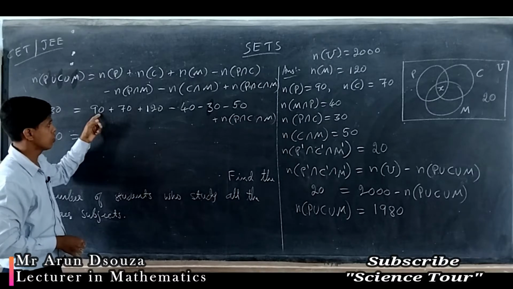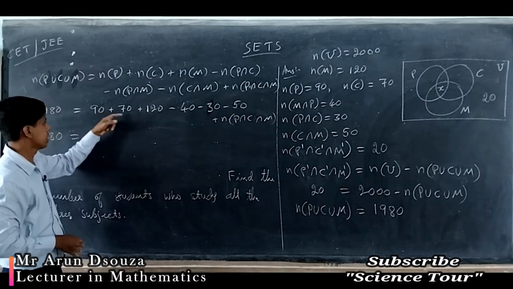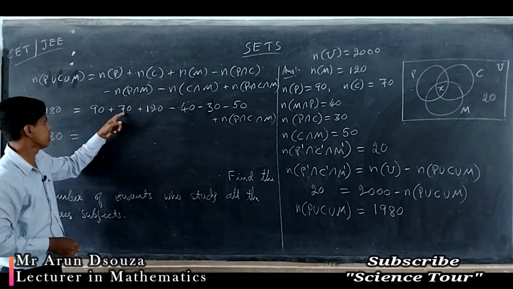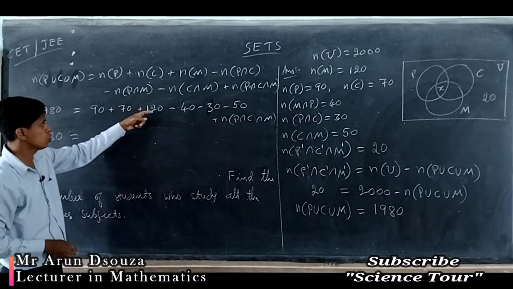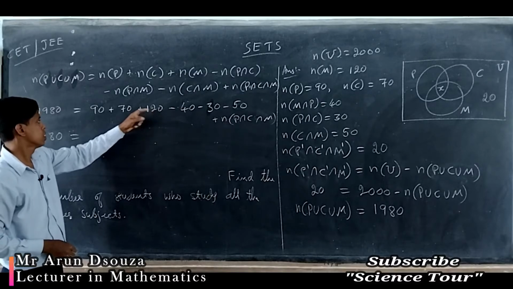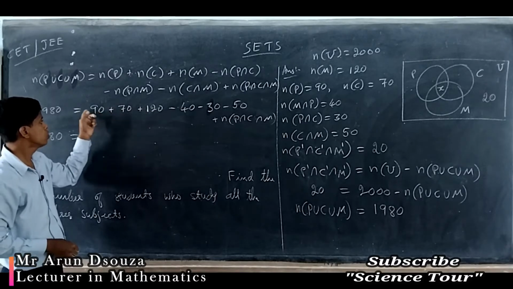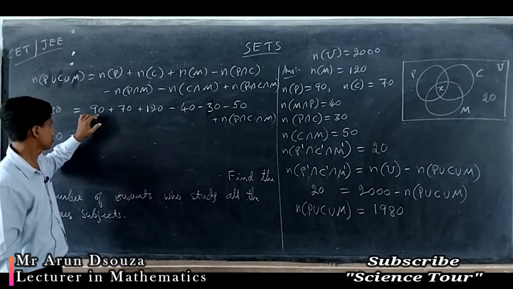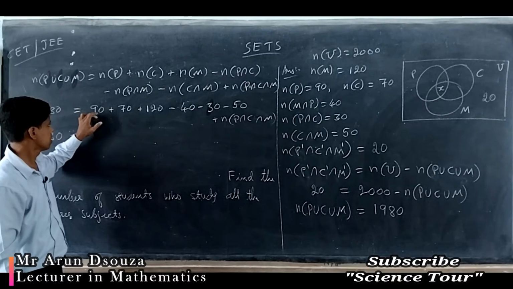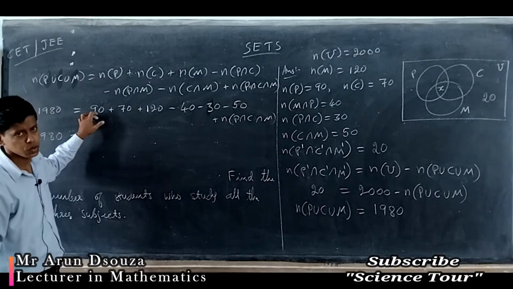Add 90 and 70, you will get 160, then 280. Correct? So this total is 280, if I am not mistaken.